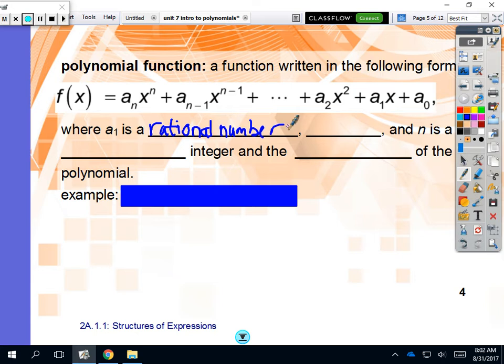And any of these a's, the coefficients, cannot be 0, because then you wouldn't have the polynomial. And n is always positive. And n is always the degree, because n is your highest power.